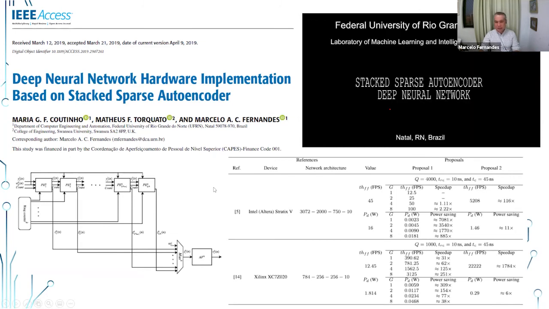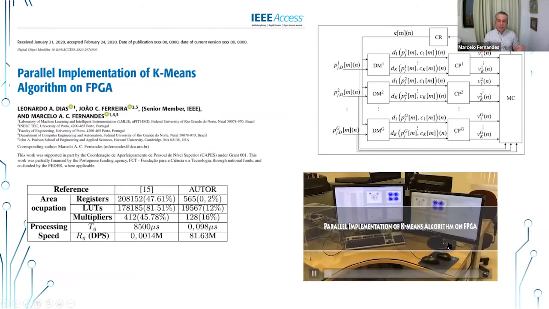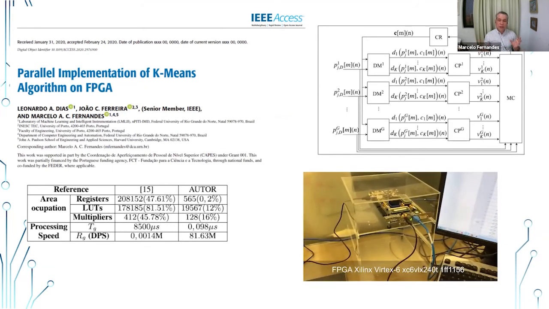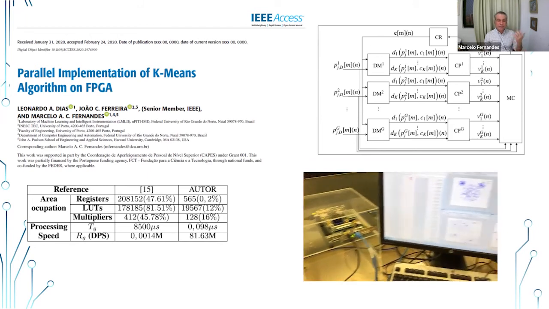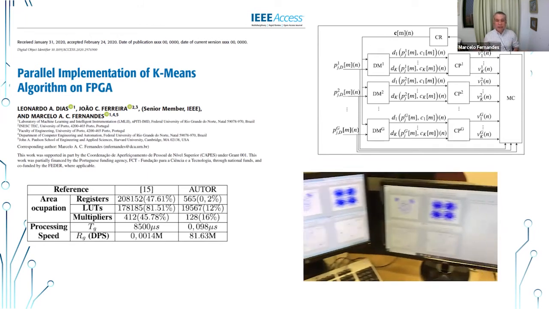This is another case that we have: k-means on specific hardware. Of course, it's not deep learning, but it's machine learning. Here you can see the comparison with a conventional computer and specialized hardware.